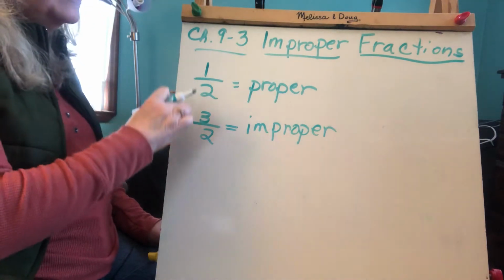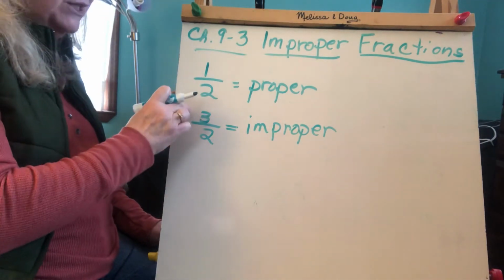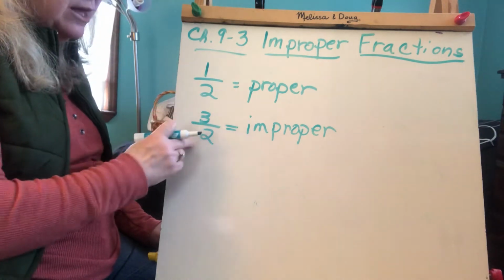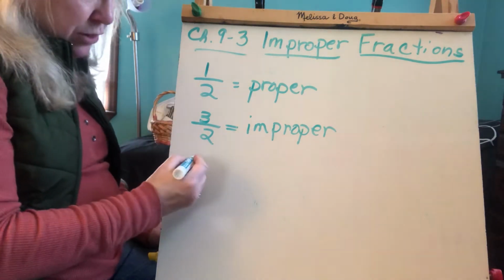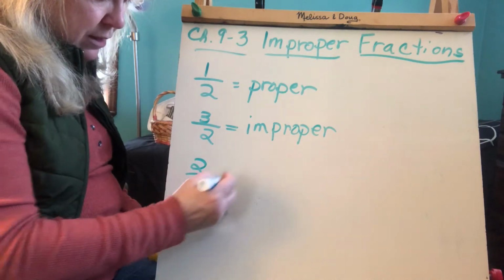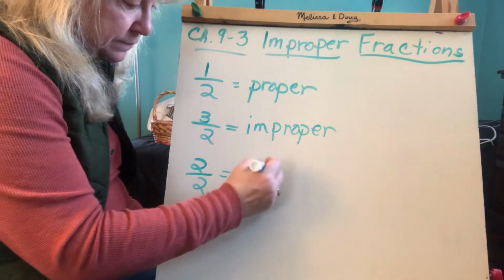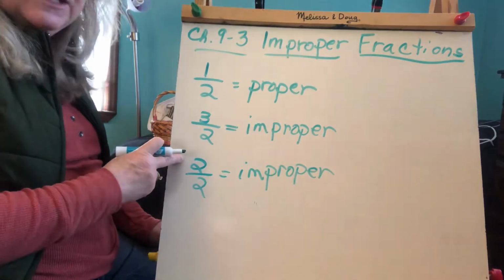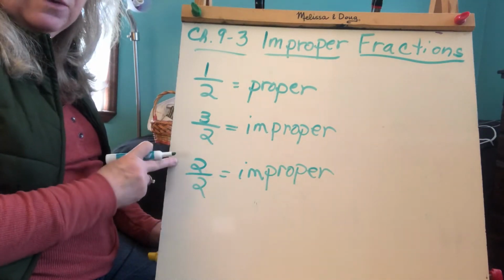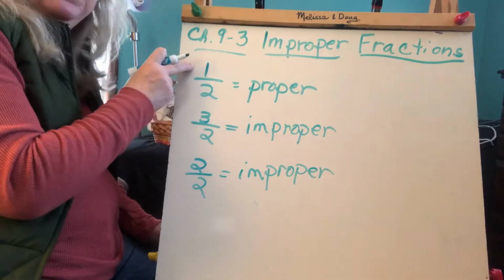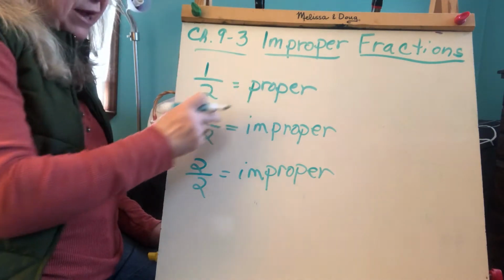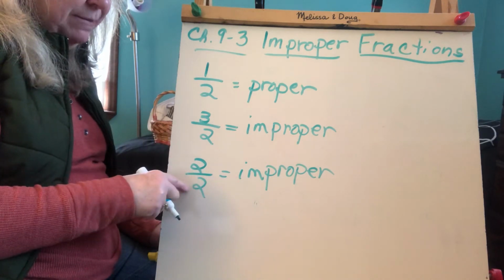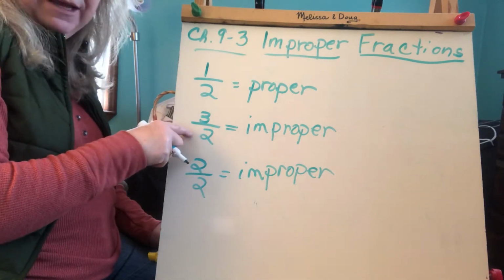It means that it's not a proper fraction because the numerator is equal to or larger than the denominator. So this would also be an improper fraction because its denominator and numerator are equal. So unless your numerator is smaller, that's a proper fraction. An improper fraction is when your numerator is equal to your denominator or larger than your denominator.